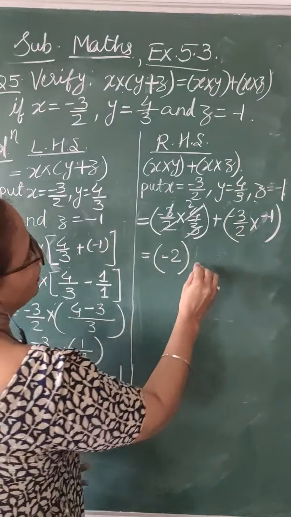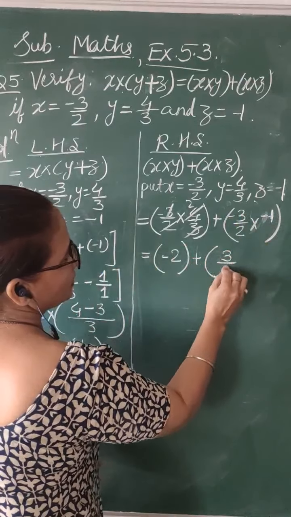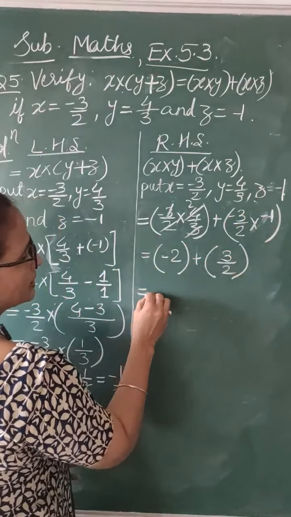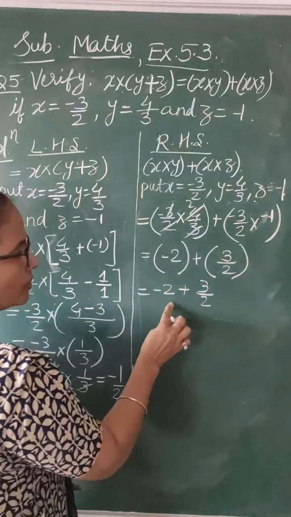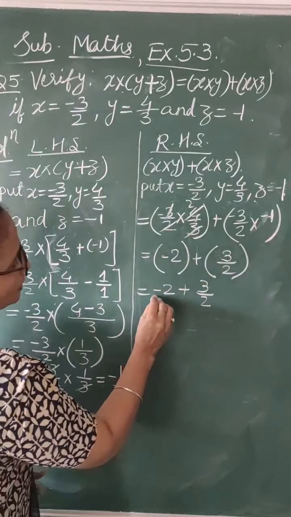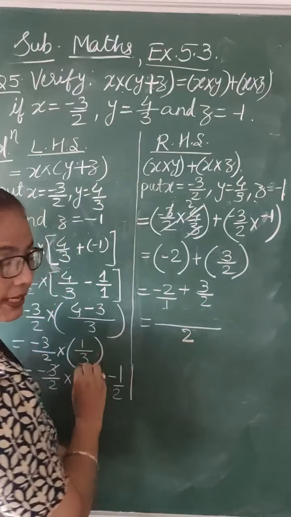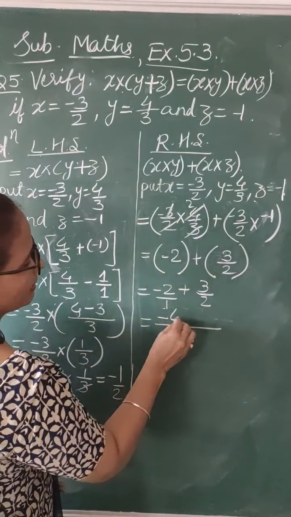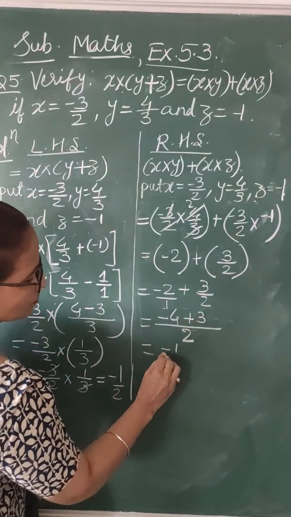Minus 2 plus, minus into minus is plus, 3 1s are 3, 3 by 2. Now in the bracket, you are getting minus 2 plus 3 by 2. Now you have to add these two rational numbers, so take denominator as 1. Again the same, find the LCM, and here what you will get? Minus 4 plus 3, and minus 4 plus 3 is minus 1 by 2.